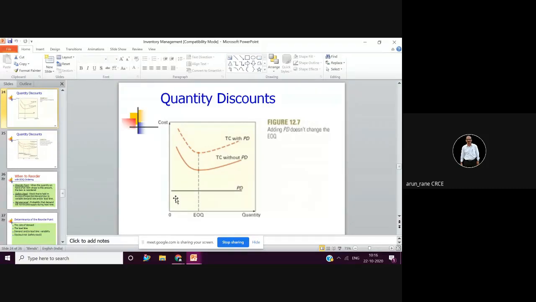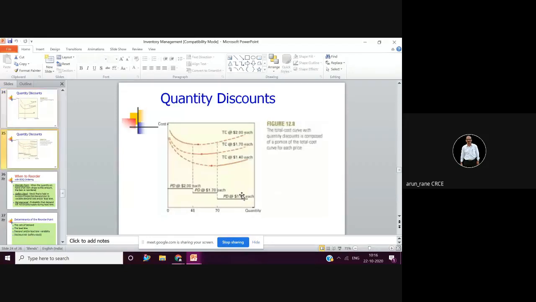If somebody is interested, then definitely you can study this. There are some mathematical problems on quantity discounts, but it is not in the syllabus.